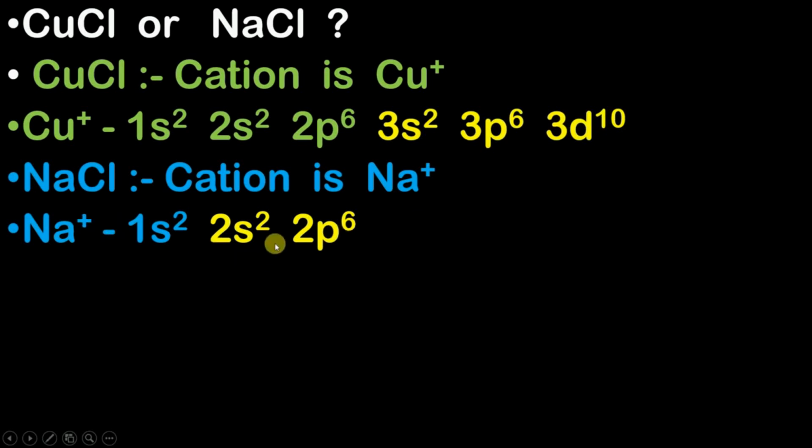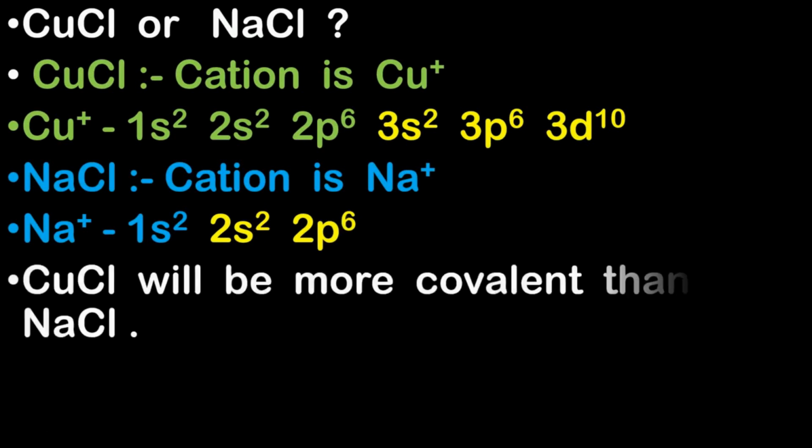Whereas in Na+, the outermost electronic configuration is in the second energy level, which is s2 and p6. It does not have d10. Therefore, in this scenario, CuCl will be more covalent than NaCl.